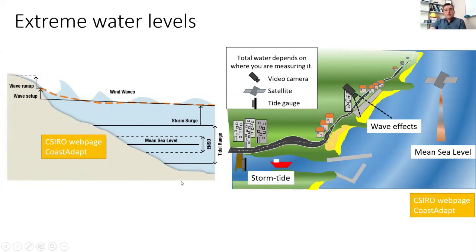So the different web tools that are out there, that I'll get to further on through the talk, provide information on the different contributors. So the CoastAdapt website and the original CSIRO web page that provided sea level rise information will give you information of mean sea level rise up to around here, and including seasonal changes.